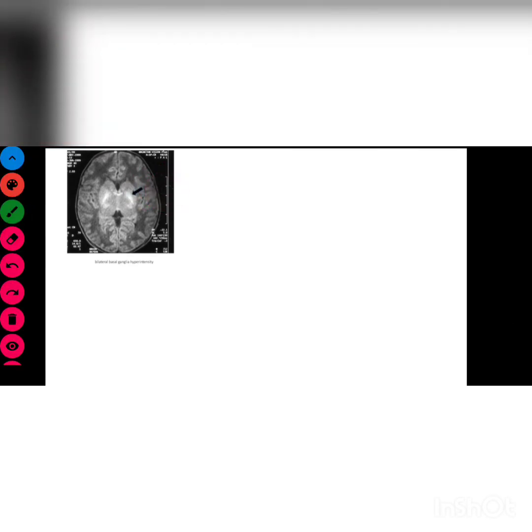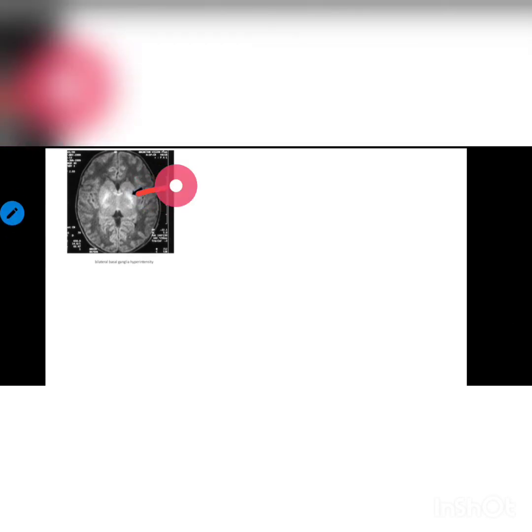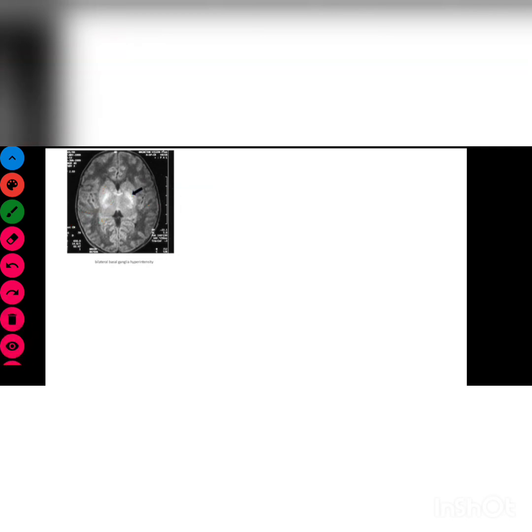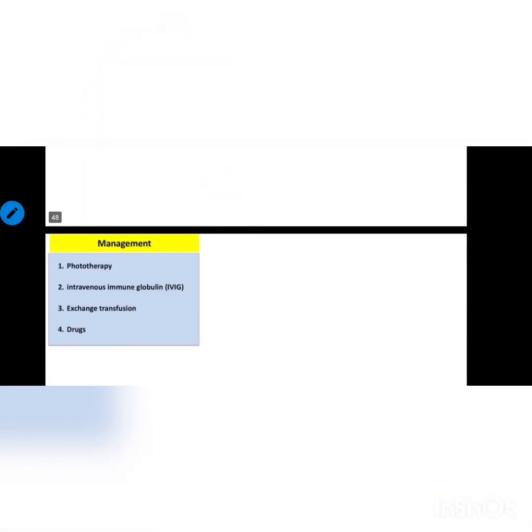You can see the accumulation of bilirubin in the brain. Bilateral basal ganglia hyperintensity. It's due to the accumulation of bilirubin.